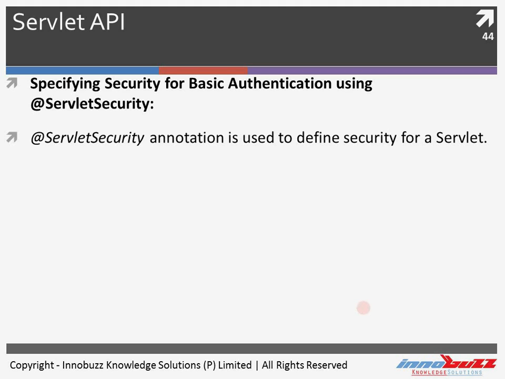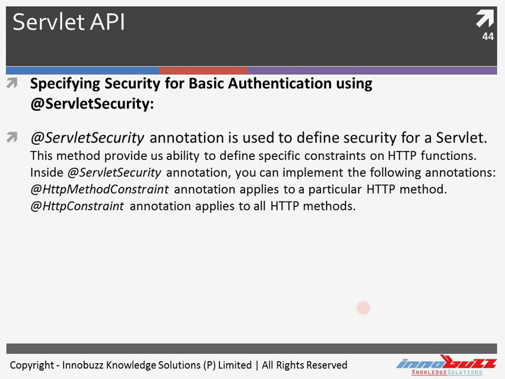And here we have two methods. This provides us the ability to define a specific constraint. So we have the @ServletSecurity annotation, which can be implemented using the following annotations. It will be implemented along with either the HttpMethodConstraint annotation, which applies only to a particular HTTP method, or the HttpConstraint annotation, which applies to all HTTP methods.